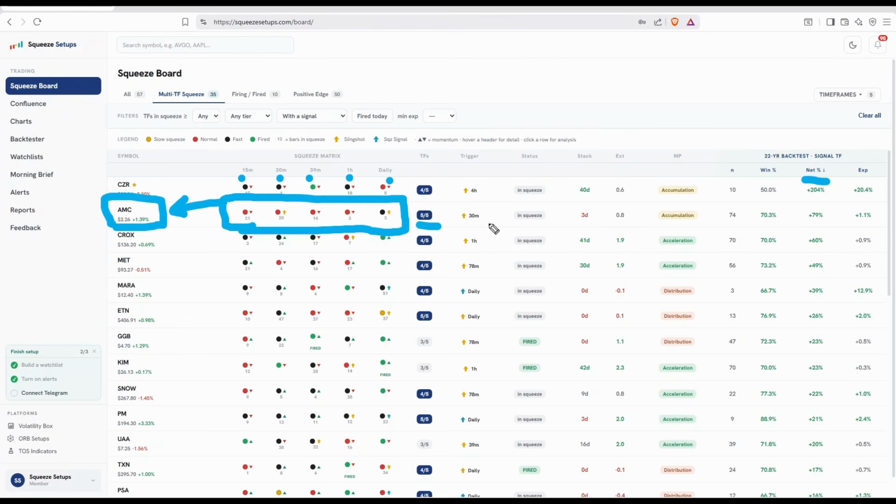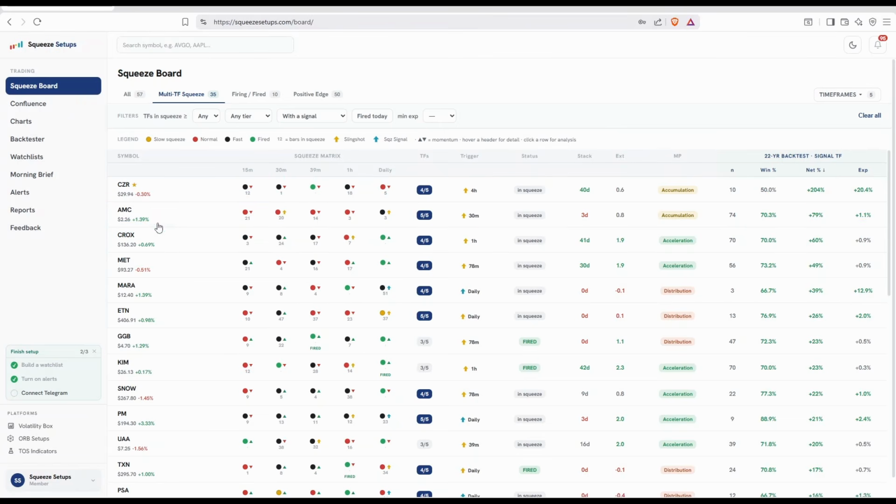And if we take a look at this actual setup, this is off of the 30-minute time frame, in a squeeze, still very much active, a 70% win rate across a total trade count of 74, so a lot higher occurrences, positive 79% with a per trade expectancy of plus 1.1%, again off of the 30-minute time frame. So this is the 30-minute squeeze that we're looking to play inside of AMC.